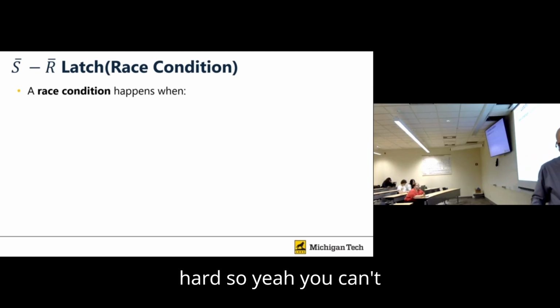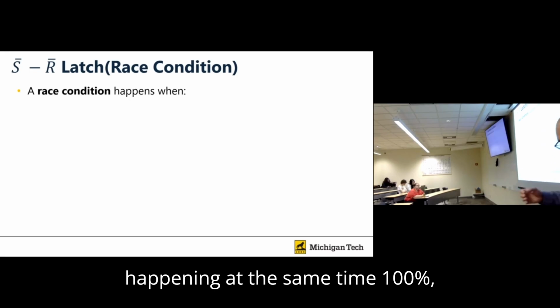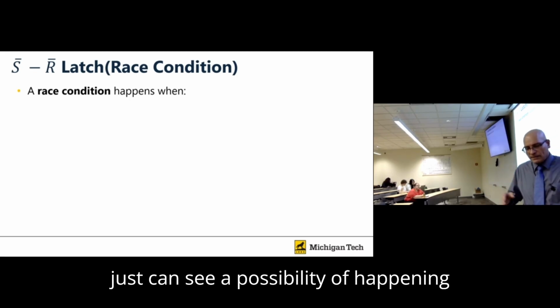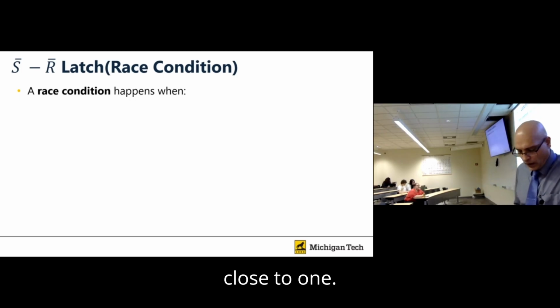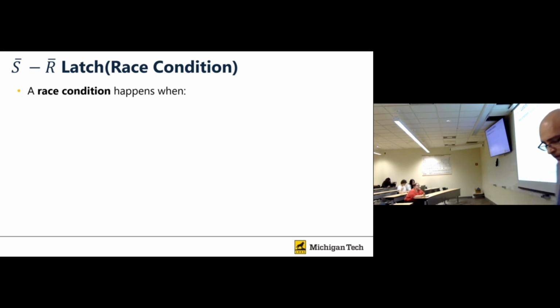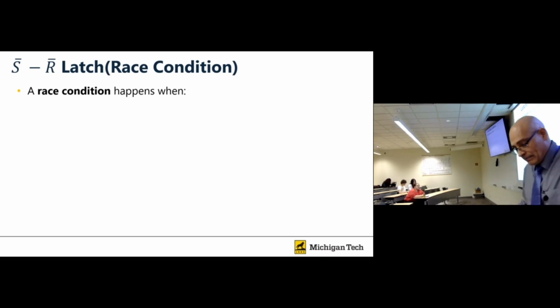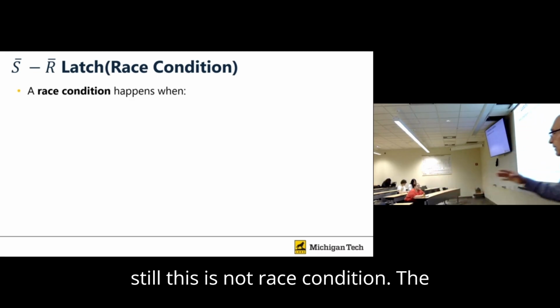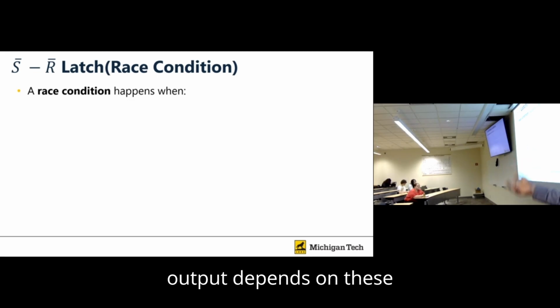So we can't say two things happen at the same time 100%. We can just say the possibility of these two happening at the same time is very, very close to one. So if in this system two inputs change together, still this is not a race condition.